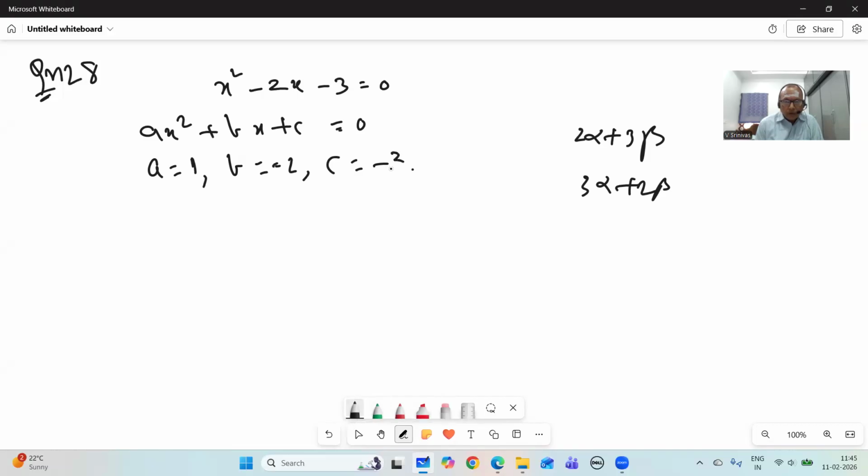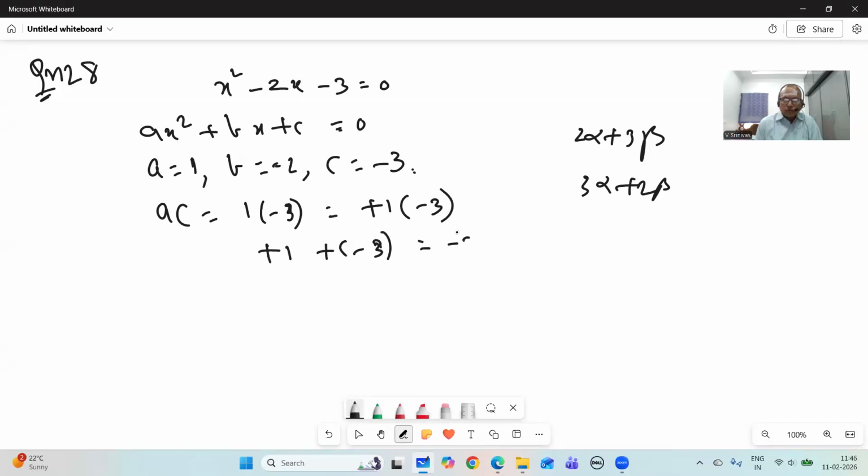The product ac is equal to 1 into minus 3, that is plus 1 into minus 3. And the sum of these two factors, plus 1 plus minus 3, is equal to minus 2, the coefficient b. So writing minus 2 as 1 plus minus 3 helps us factorize this.